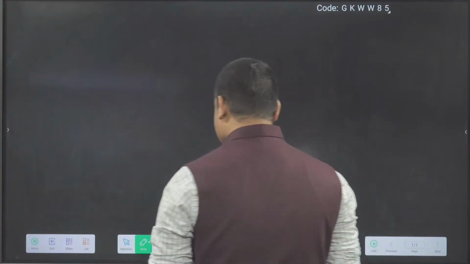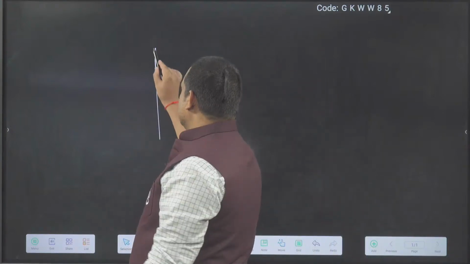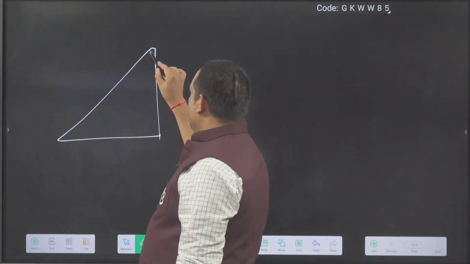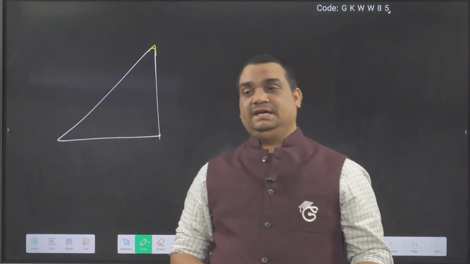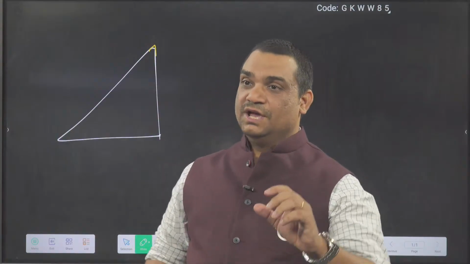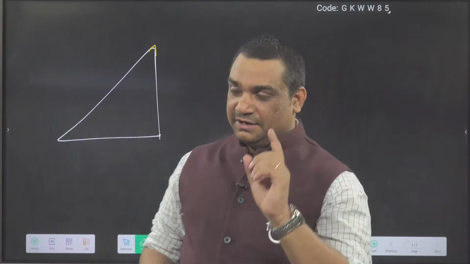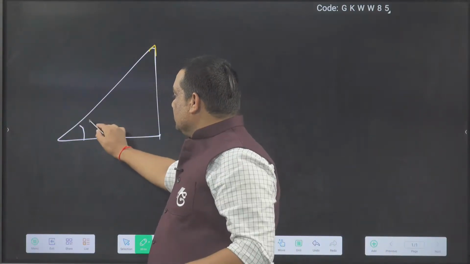And then at the end I told you very basic things. It was actually a class 6 topic: whenever any triangle is given to you, first of all, if you want to decide perpendicular, base, or hypotenuse, you will ask for the angle.